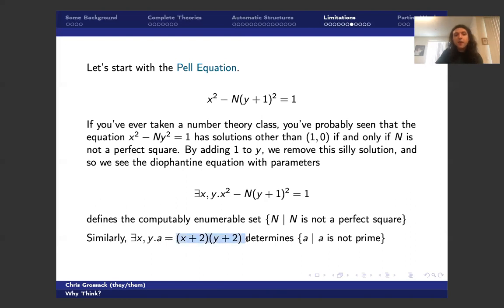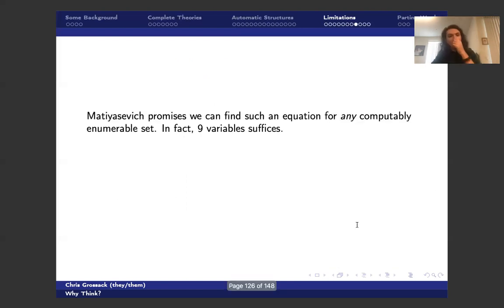Because I can factor A if and only if A is not a prime. So with A as a parameter, this Diophantine equation has a solution exactly when A can be factorized, exactly when A is not a prime. Okay, so Matiyasevich promises that we can find such an equation for any computably enumerable set. And as I said earlier, it turns out that you never need more than 9 variables.